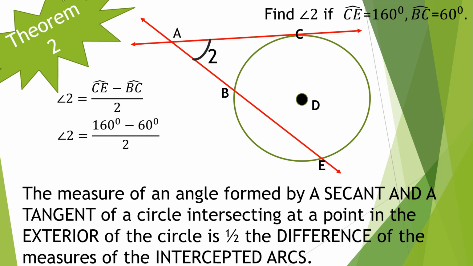So arc CE is 160 degrees minus arc BC is 60 degrees, divided by 2. So 160 minus 60 is 100, divided by 2 is 50 degrees. So angle 2 here is equal to 50 degrees.